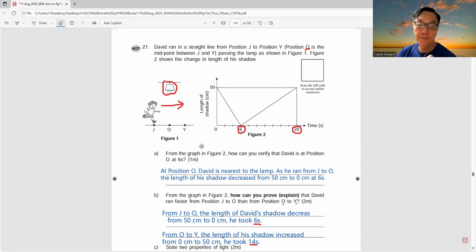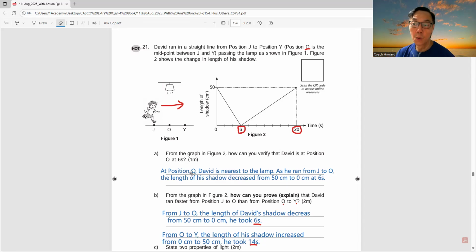And part A, from the graph in figure 2, how can you verify that David is at position O at 6 seconds? If you notice in this diagram, David is running from J to Y, passing O, and the lamp is directly above position O. As we learn in the concept, when the object is closest to the light source, the length of the shadow is the shortest.